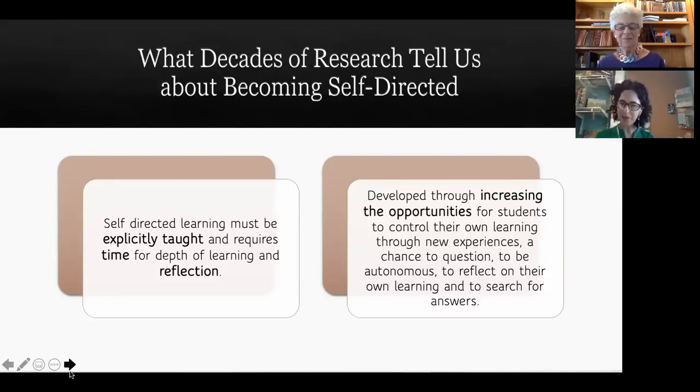So the opportunity of creating time to actually learn how to do it from a student point of view and reflect on how it's going when you're continuing to become more and more in control of your self-direction. And I think the final piece is really thinking about the opportunities to engage in that.